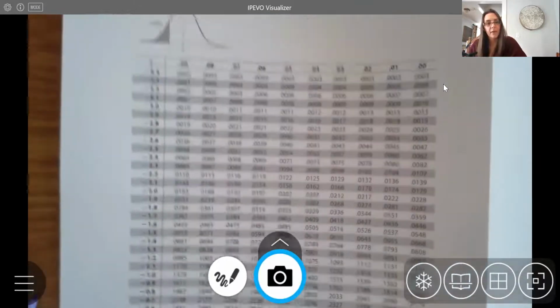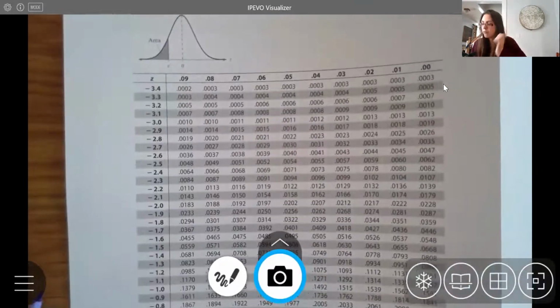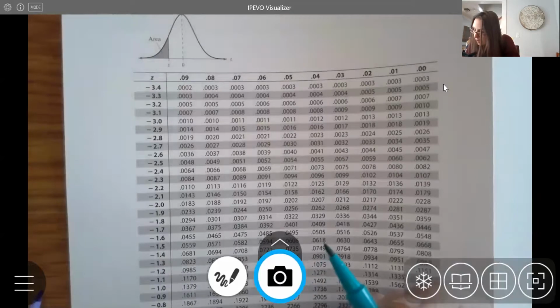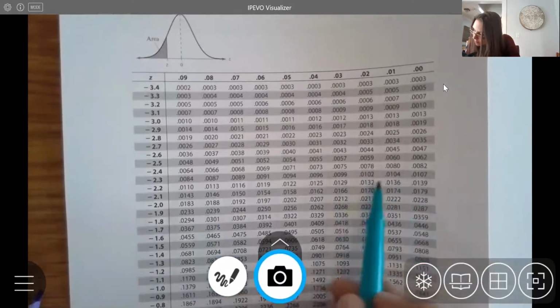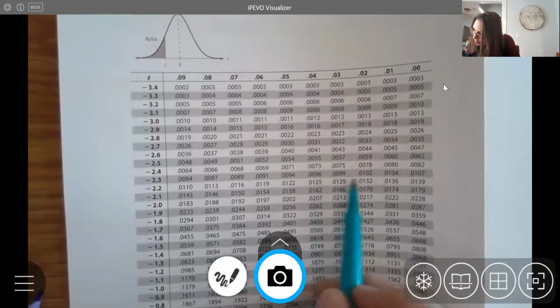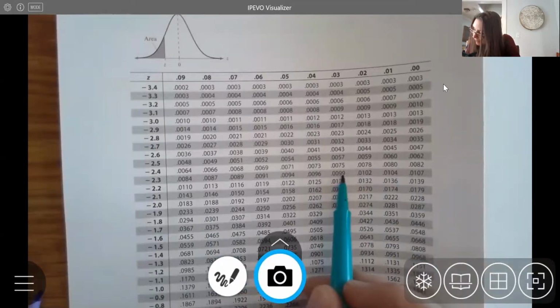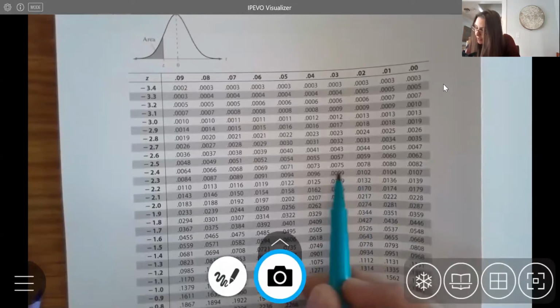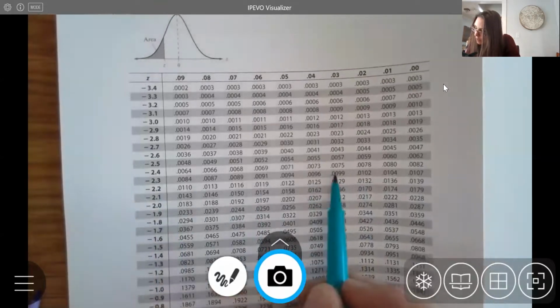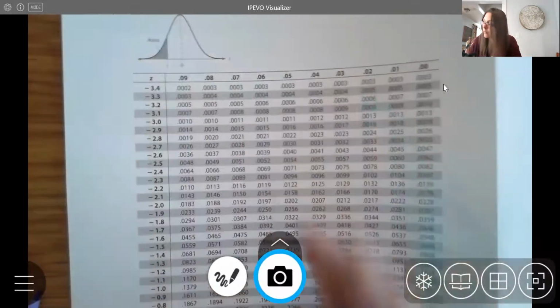All right, here's my z table. I'm looking for 0.01, and I'm seeing it around here. So 0.0099, 0.0102, those are both very close. The 0.0099 is actually a little bit closer, right? So this is negative 2.33 for our z-score.